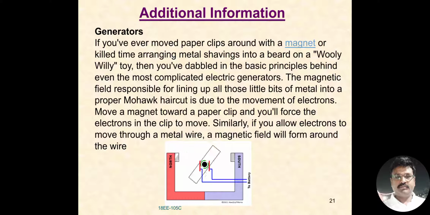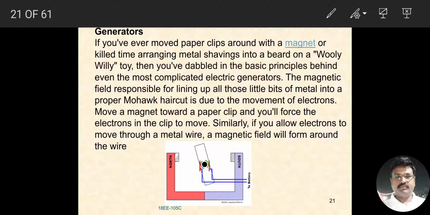The magnetic field responsible for lining up all those little bits of metal is due to the movement of electrons. If you move a magnet towards a paper clip, you will force the electrons in the clip to move. Similarly, if you allow electrons to move through a metal wire, a magnetic field will form around the wire.